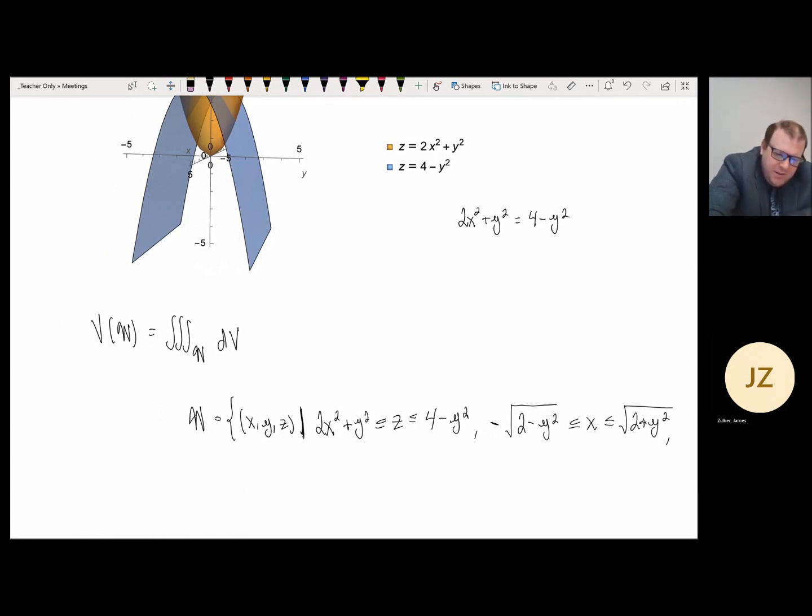That should be a minus y squared, not plus. And then y would go negative root 2, positive root 2. So this was dx dy. You could also try and do it dy dx.